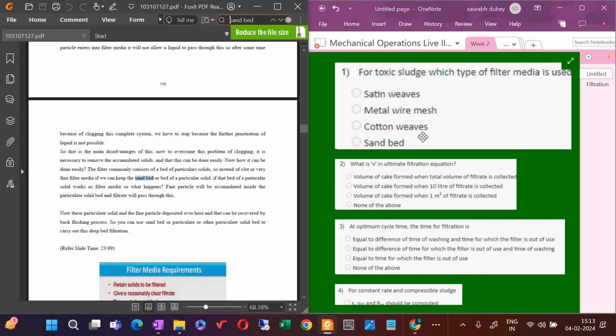That particular filter media will be a good media, and it will be considered in order to remove the toxic sludges. At the end, in the washing cycle, the toxicity should be removed through the media. That is the target. So the sand bed is the correct option for the given problem.